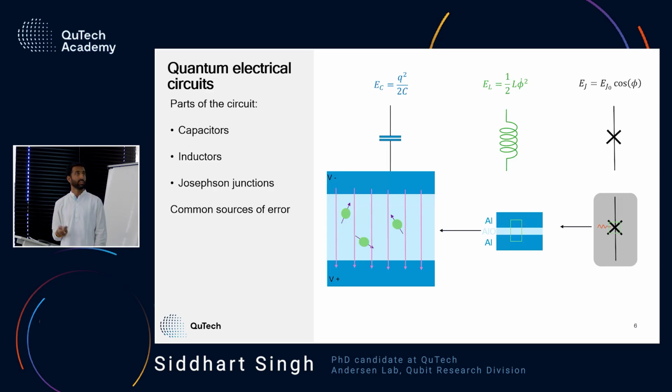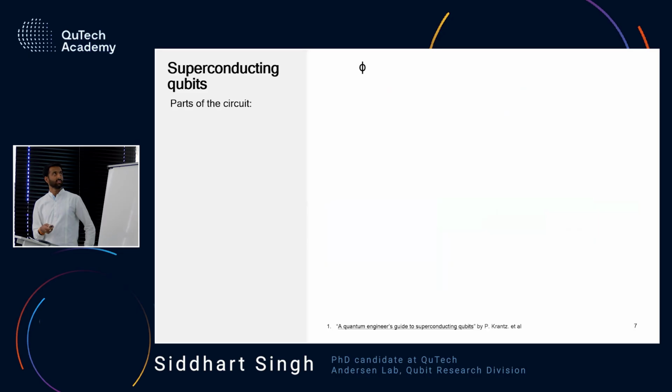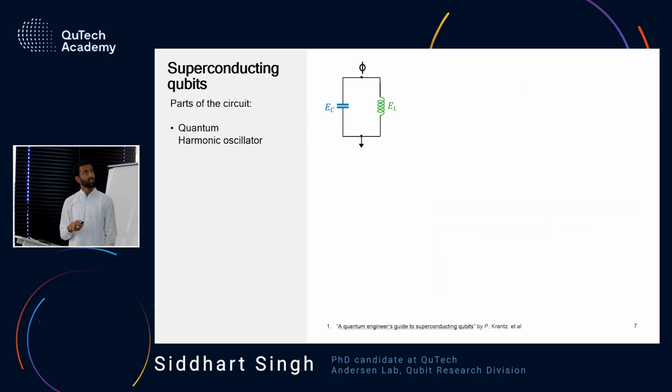So keeping this in mind, this is just the components. Now we need to build circuits out of them. To build circuits, we start with a simple circuit of a harmonic oscillator. We take one capacitor with one inductor, and with this, if we apply some phase across the circuit, we will get a harmonic oscillator. When you are in the quantum regime, you will get a quantum harmonic oscillator.